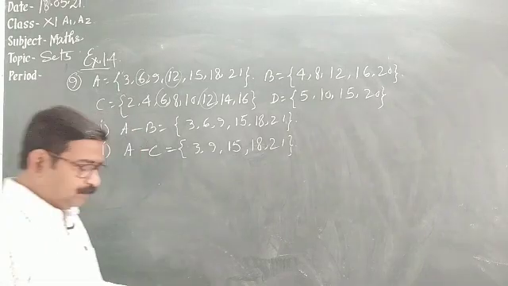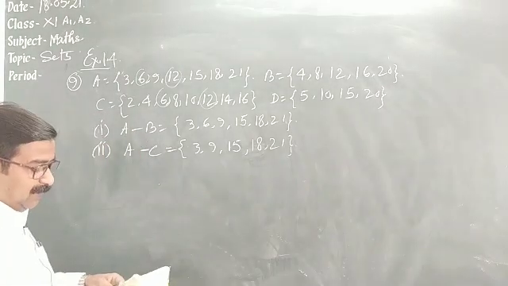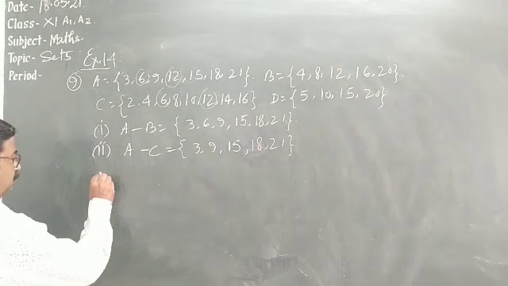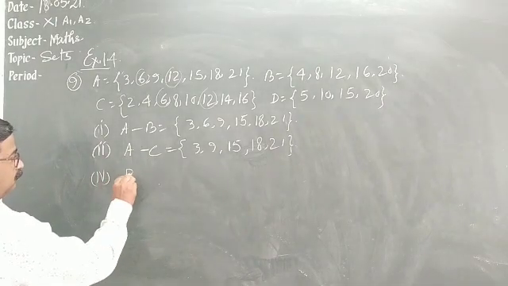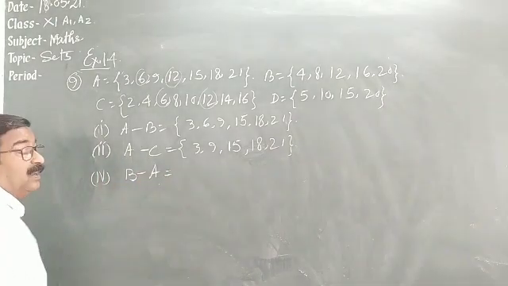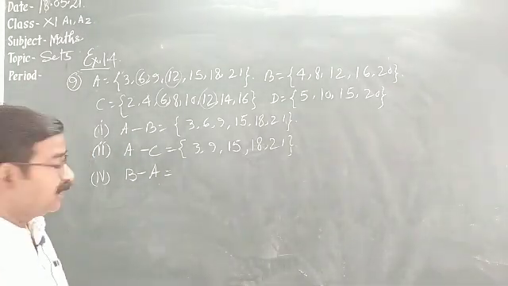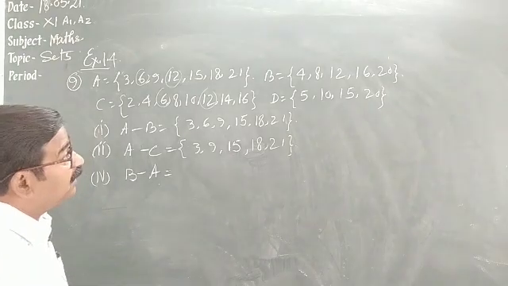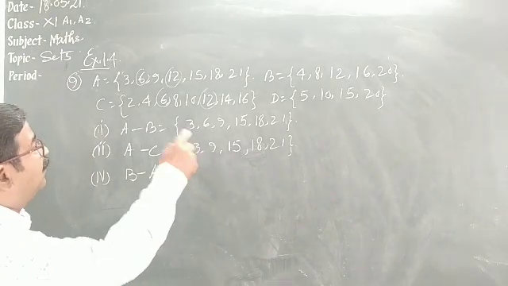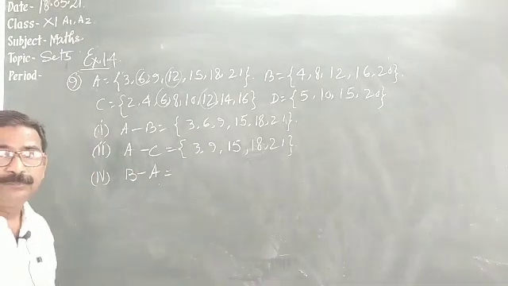Let's see one more. I am finding B minus A, fourth part. Elements of B which are not found in A. So we see the common element 12 is found in both.